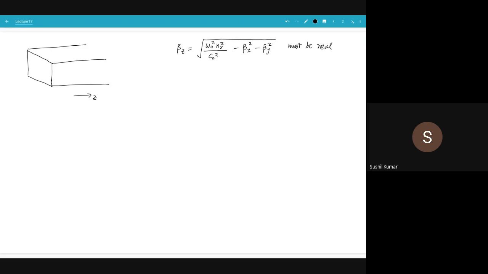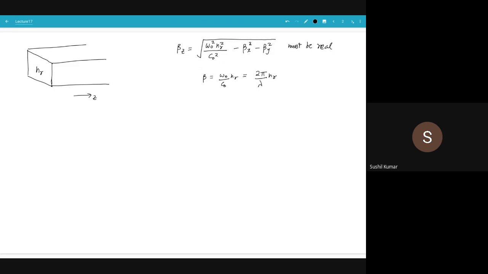I want to write this expression in a slightly different way. First, I want to rewrite this beta. Beta is omega naught over c naught n sub r, but you can also write it as 2 pi over lambda n sub r. What is n sub r? The refractive index of the medium of the waveguide.